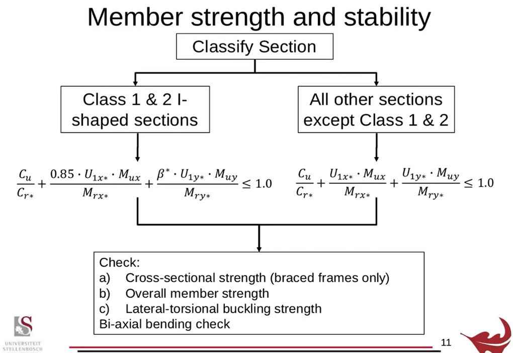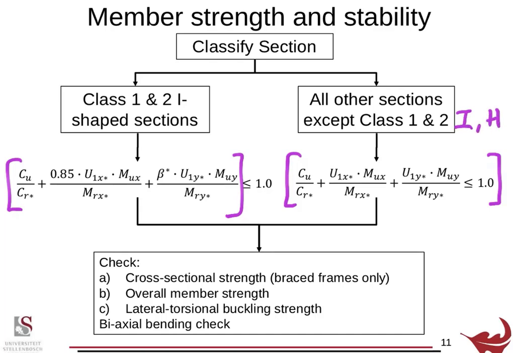And so there are 2 main ways we're going to be dealing with this. And this is to do, firstly, with, we've got to classify our section. If it's a class 1 and 2 I-shaped section, we use this equation, and then all other sections, we use the equation on the right. All other sections except class 1 and 2 I and H-shaped sections.